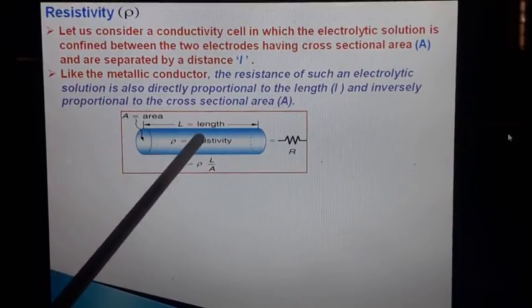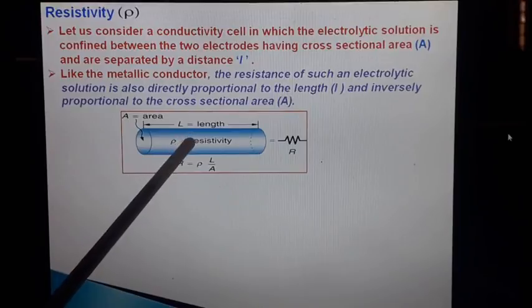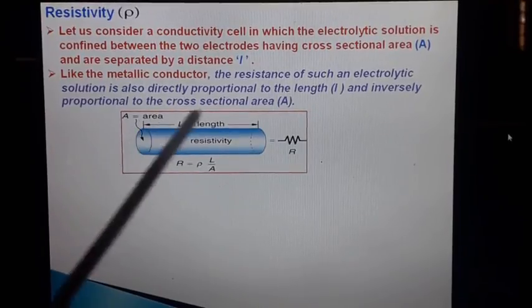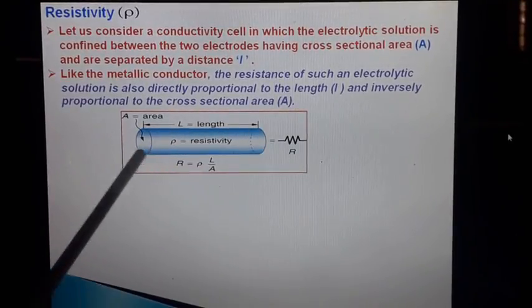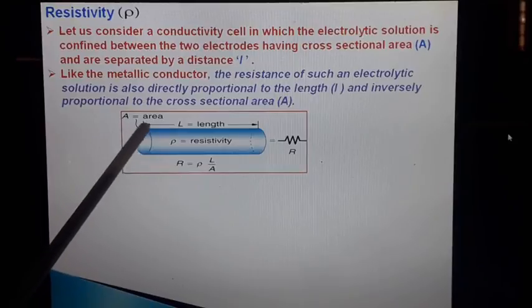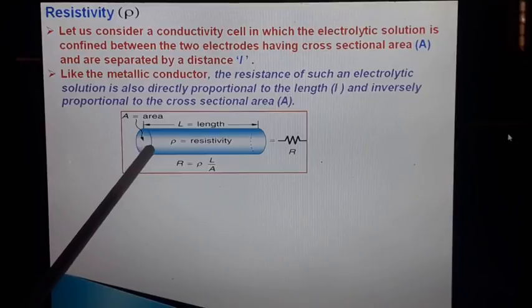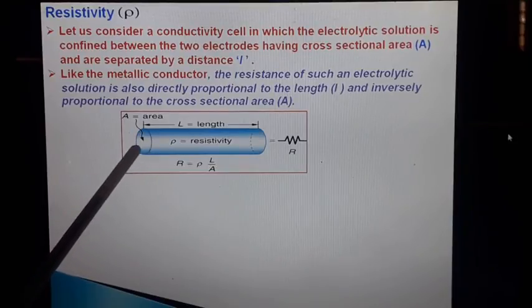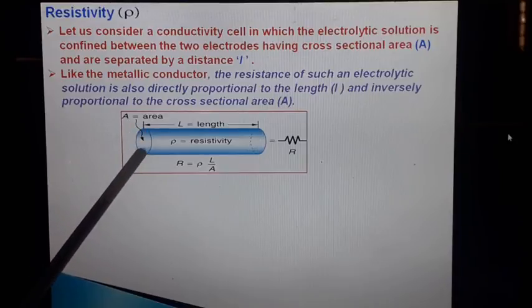Now, see the diagram. Rho is the resistivity; we want to measure the resistivity. L is the length of the electrode. A is the cross-sectional area, meaning the circular wire, the circle area.